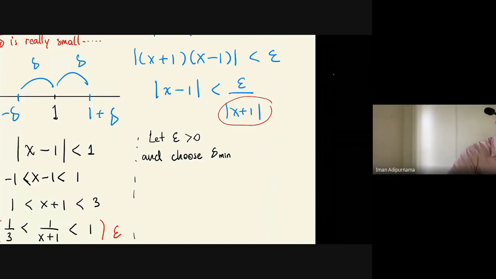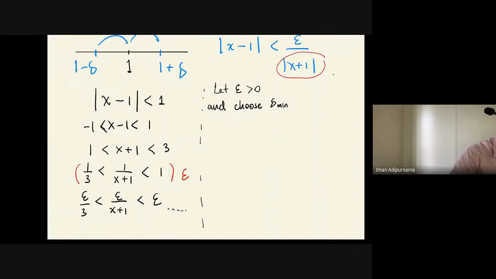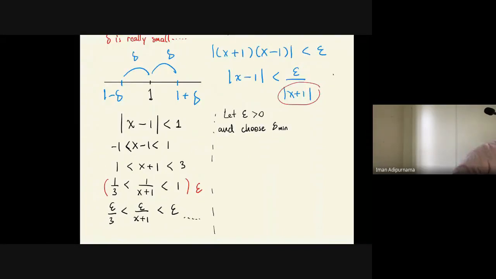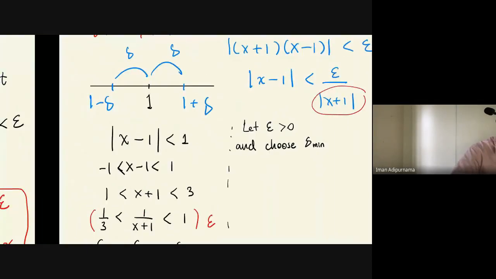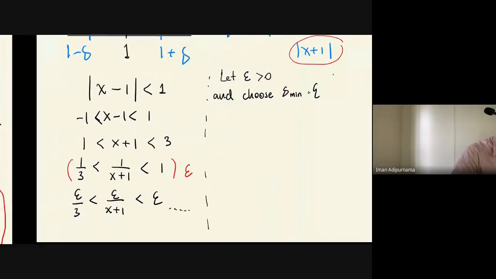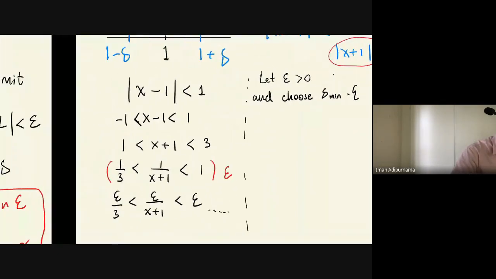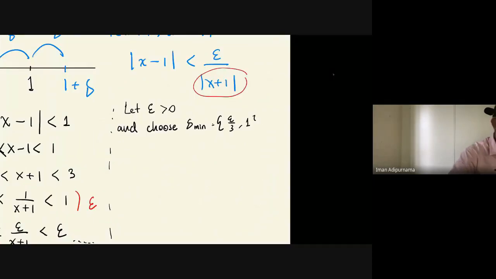The delta minimum from our inequality here. Because we already made the maximum number 1 here, the delta should be less than 1. So the possible delta is from epsilon over 3 until 1. We choose the delta minimum, which of course is epsilon over 3.